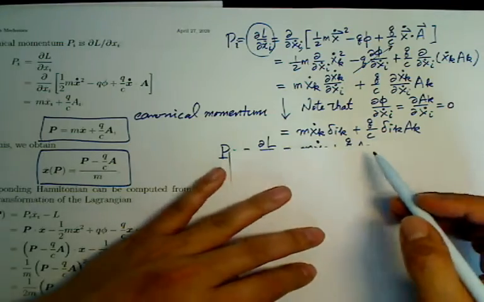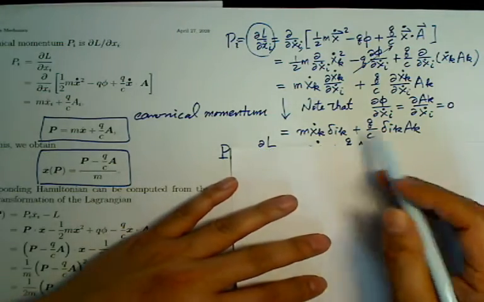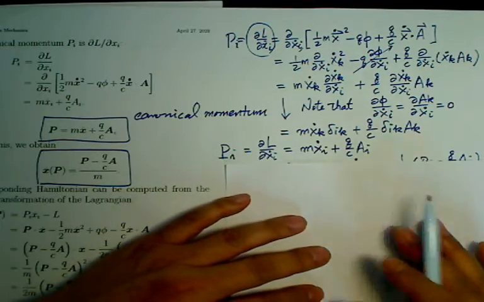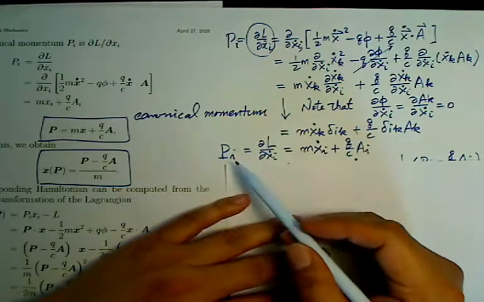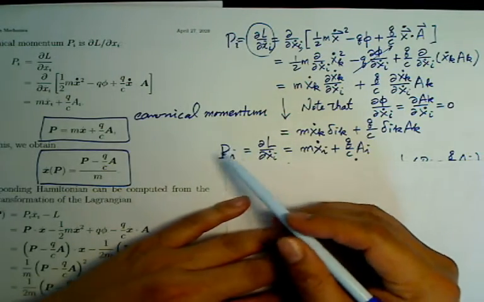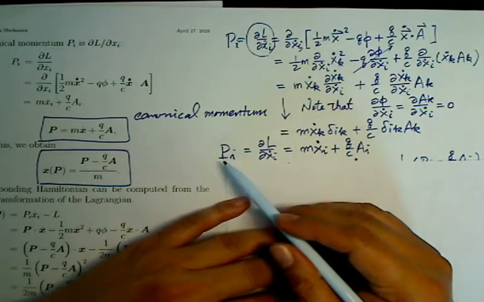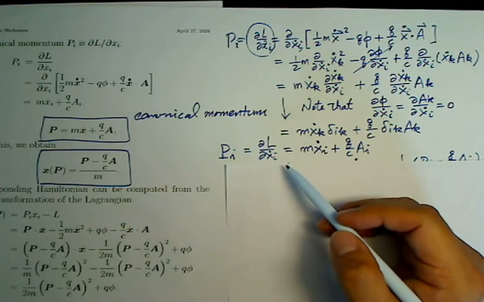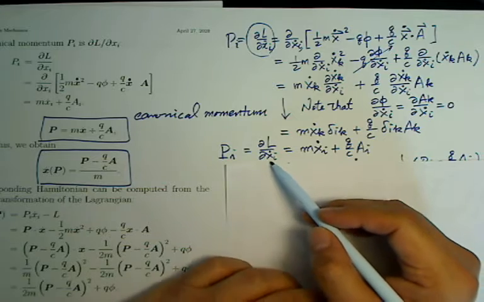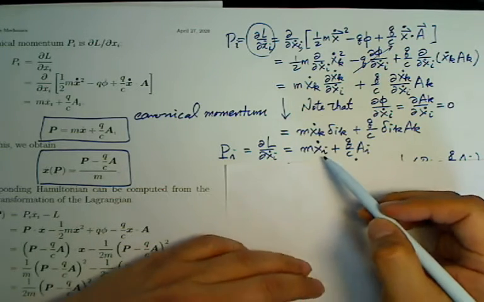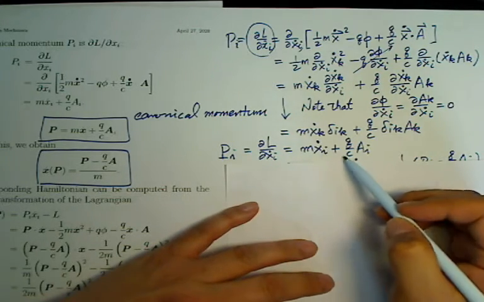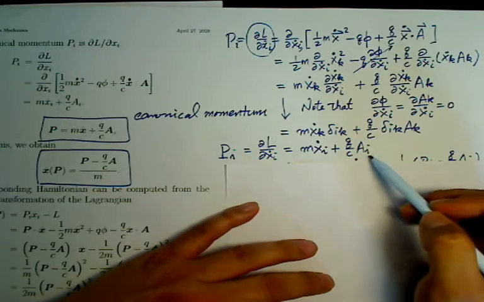Alright, so if I sum over k, what I obtain is the conjugate momentum, the canonical momentum corresponding to the coordinate xi, which is obtained by m xi dot plus q over c times the vector potential.